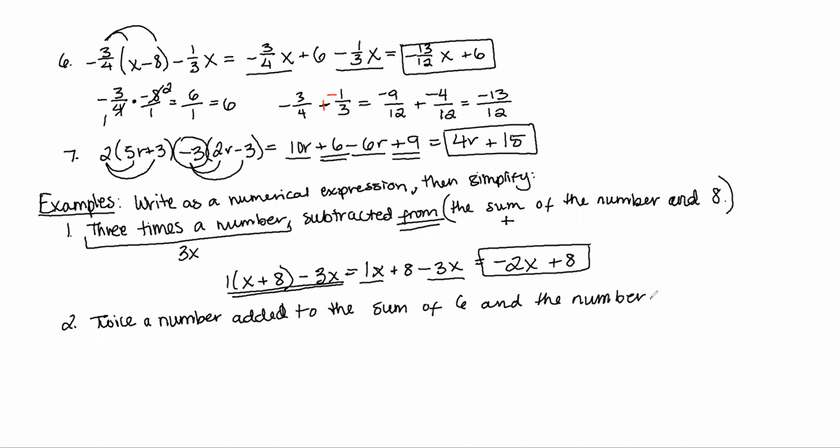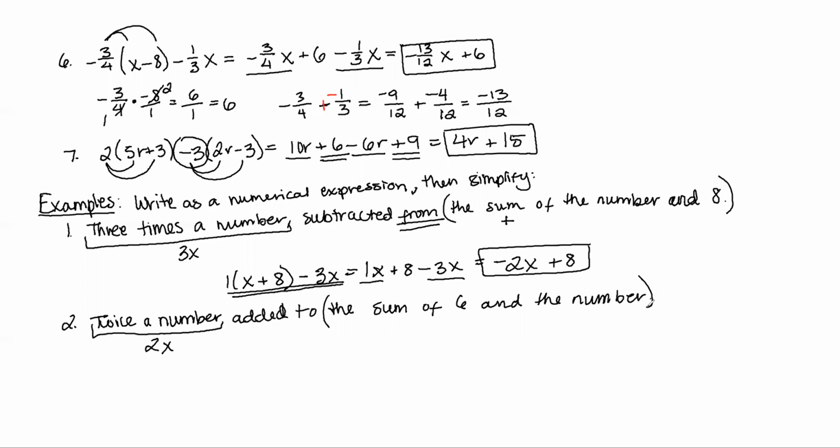So again, key things I'm looking for here, twice a number is pretty easy to write down. Twice means we're doubling something, so we're multiplying it by 2. I'll use x again, so 2x. We're adding that to the sum of 6 and the number, group those.